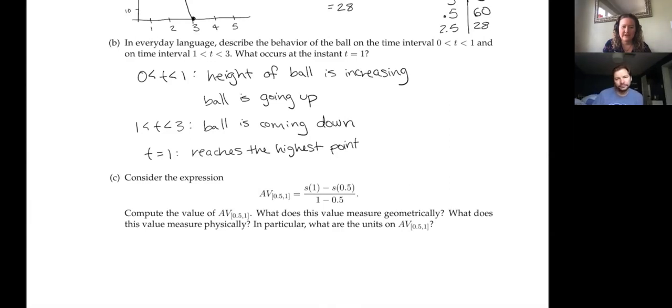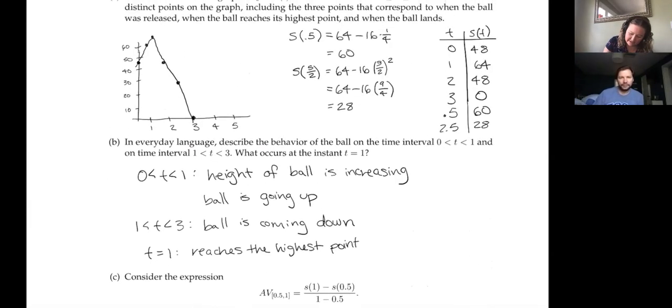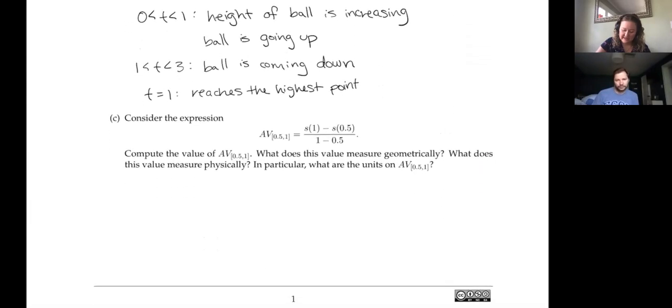So what does it measure geometrically? Well, geometrically, it's going to be looking at the point from 0.5 up to 1, and it will actually be looking at the slope of that secant line. And so as you can see here, it matches what Eric said. So it should be a positive number. That's a good check to make sure that we've done things correctly.